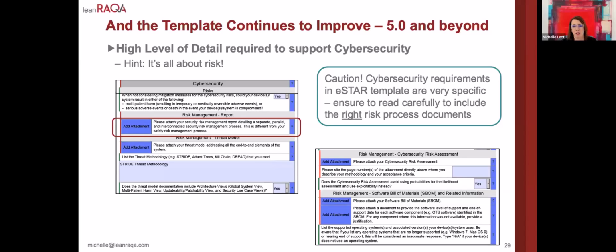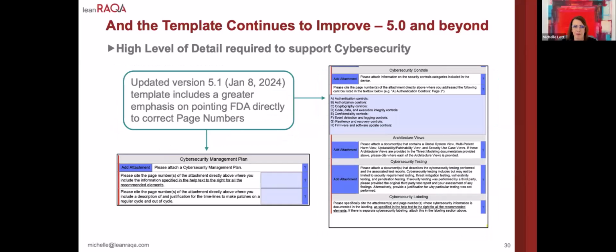The cybersecurity questions in the eSTAR are very stringent, very specific now, and make sure that you read carefully, because again, these questions and the help text are loaded with the FDA's expectations and interpretations, and you have to make sure that you made the right decisions in your cybersecurity documentation and development process.